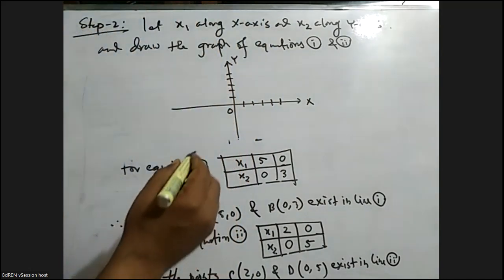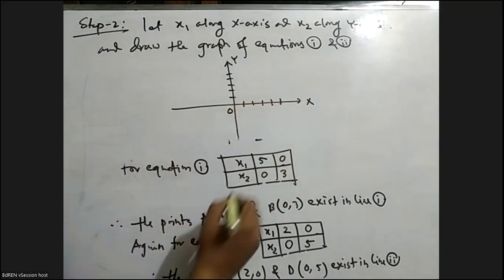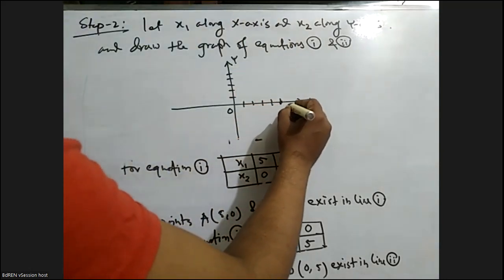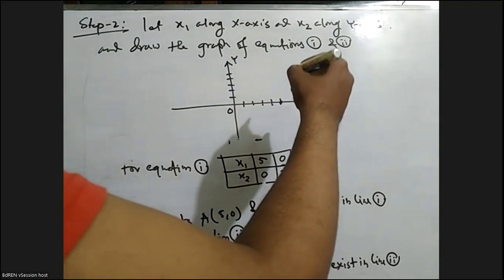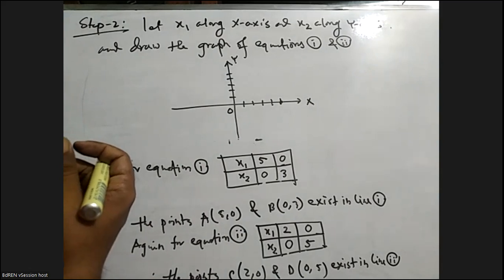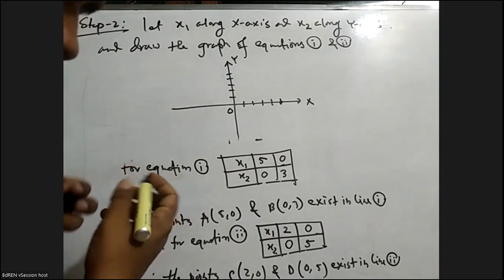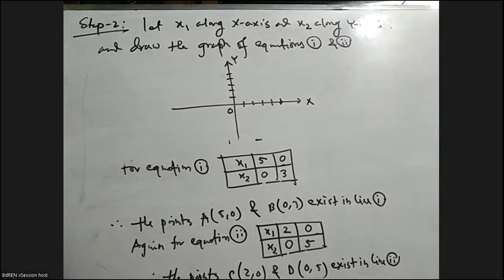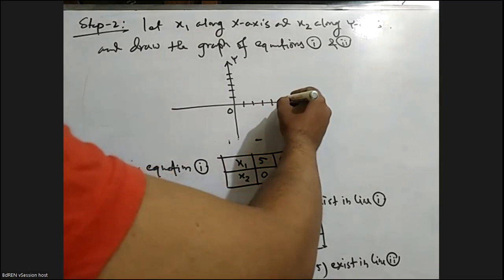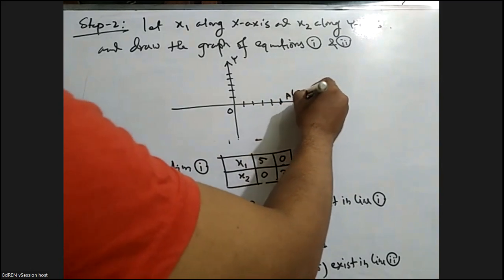Now, for the first point, A: x equals 5 and y equals 0. So this is the point A (5, 0).